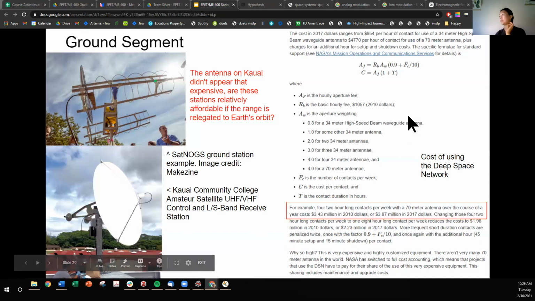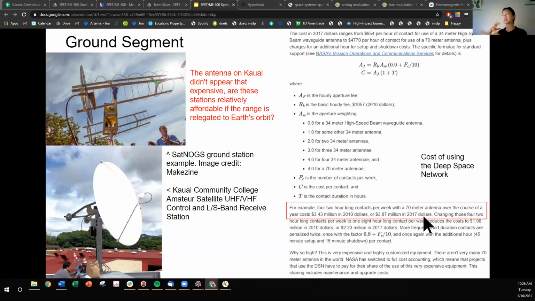And then if we look at the deep space network, I just took this off of some Space Stack Exchange, but they sourced it from NASA's Mission Operations and Communication Services. Just 4 2-hour-long contacts per week on the deep space network 70-meter antennas cost $3.43 million a year, or close to $4 million in 2017 dollars.